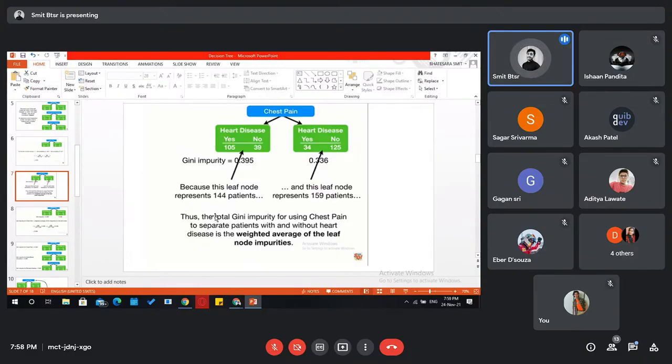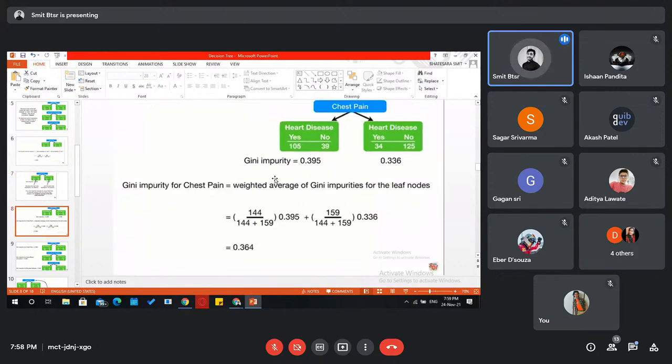Now what we want is the average of both these impurities, a weighted average. So how would we calculate that? To find the relationship between chest pain and heart disease, we find the average of the Gini impurities of the leaf nodes, of both these nodes.